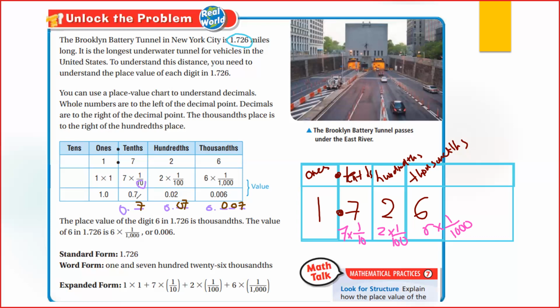And the decimals, as we have in the whole numbers, as we have standard form, expanded form, and word form, we have them in the decimals. Like here, this standard form, it is 1.726.